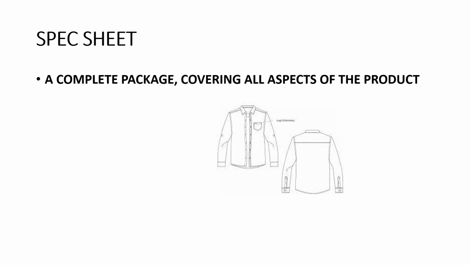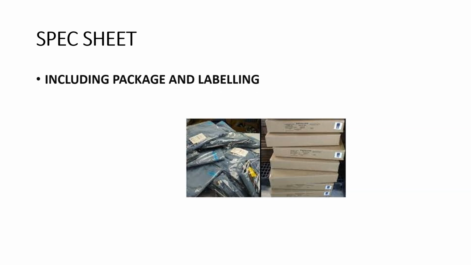Now you can see again the illustrations of this garment, or the sketch of the garment, in the front side view and the back side view of that particular garment shown here. Now students, what is this? When you are talking about a specification sheet, we should also talk about this image and what is the content of this image. This contains the packaging and the labeling part of the garment.